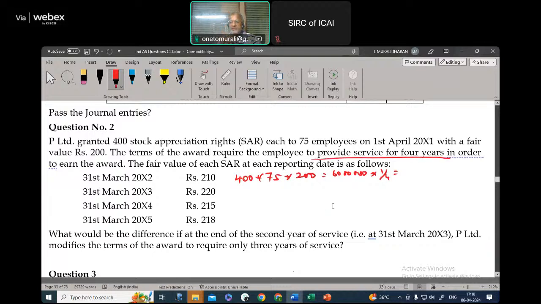So I am expected to find out the closing SAR position divided by 4, 15 lakhs.